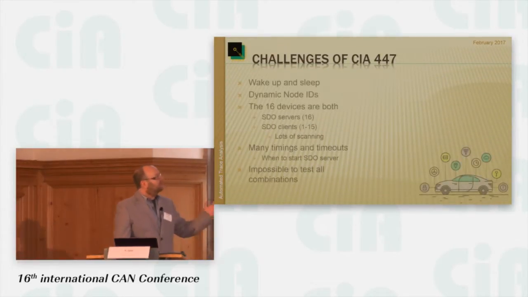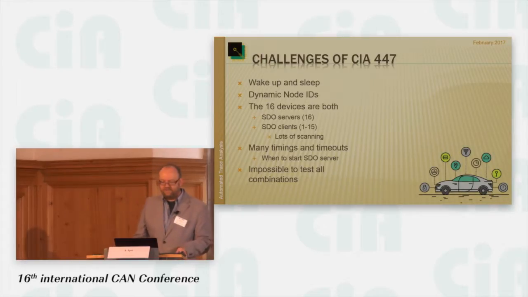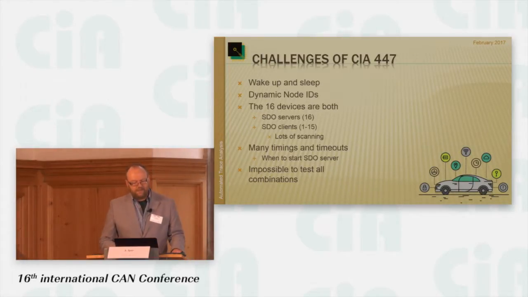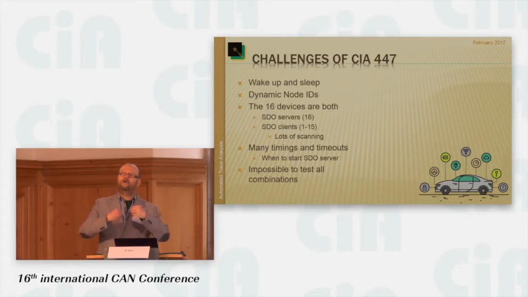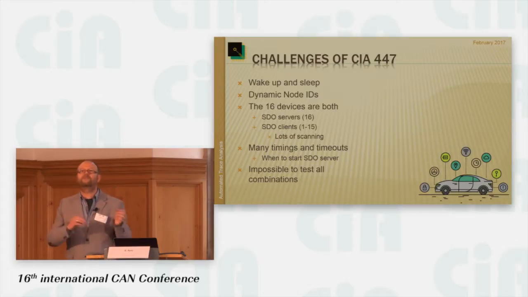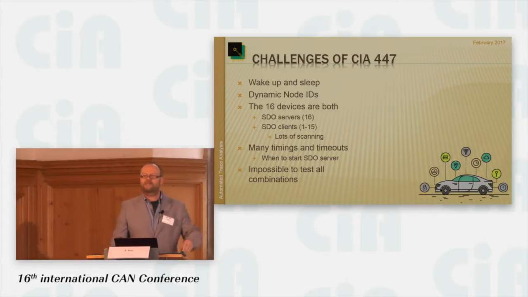And the challenge we had specifically with the 447 system is that we can really use fully meshed SDO communication. That really means we have up to 16 devices that each individually can send out a request to every other node. And there are timeouts involved, there are state machines, it could be fragmented transfers where certain states are passed through.